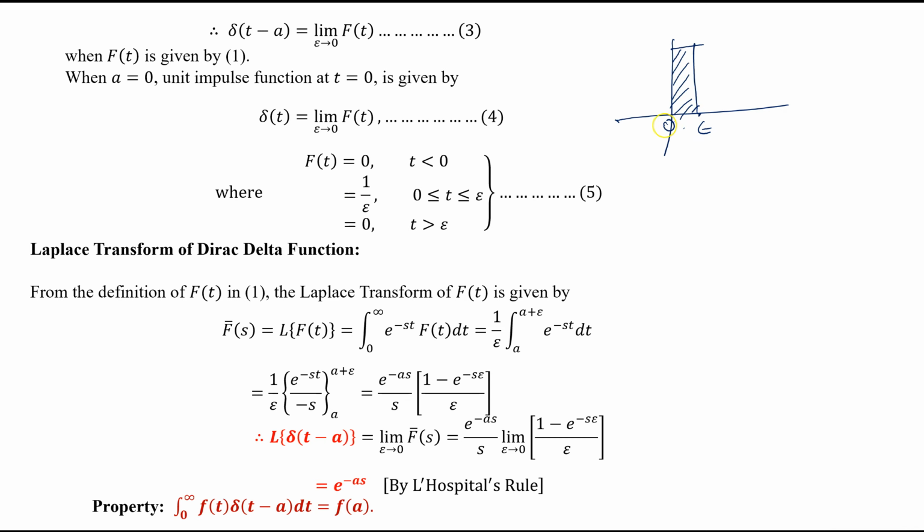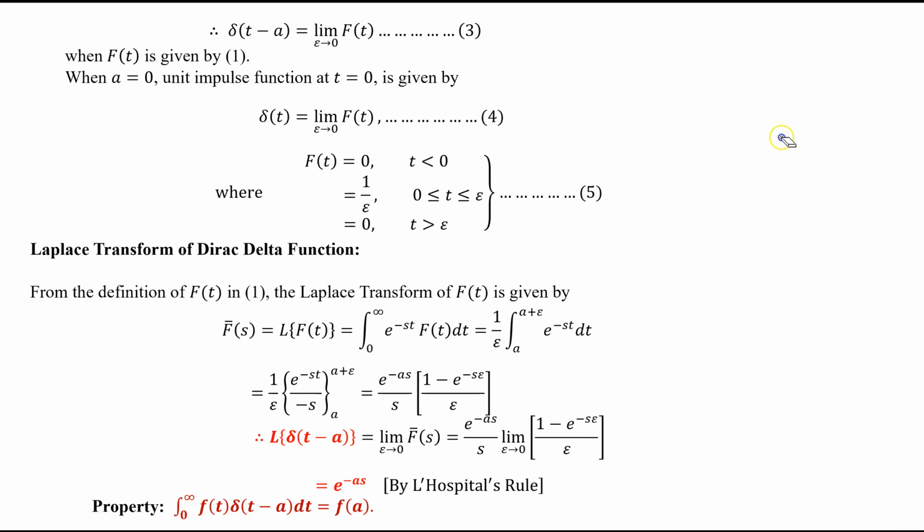So f of t is 0 when t is less than 0, then in the interval 0 to epsilon it is 1 by epsilon, and when t is greater than epsilon, f of t is 0. This is when a equal to 0.